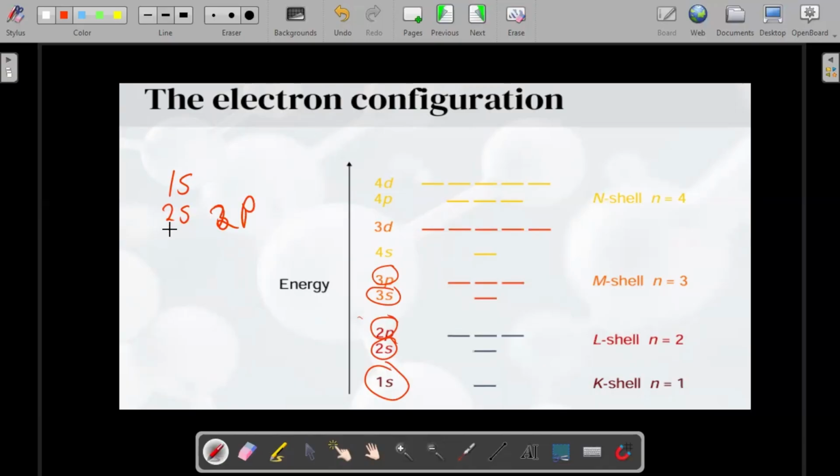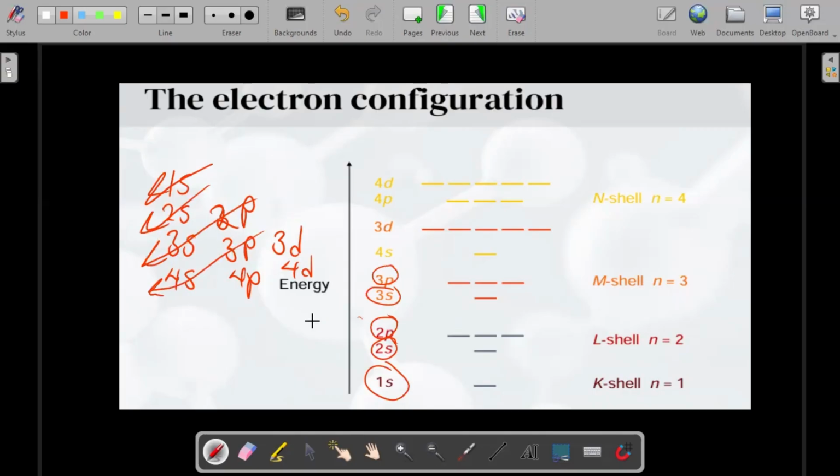Then from the 2p, you go to the 3s, the 3p, then the 3d. Then you go to the 4s, 4p, then 4d. That's how the energies are moving here. So you move like this.